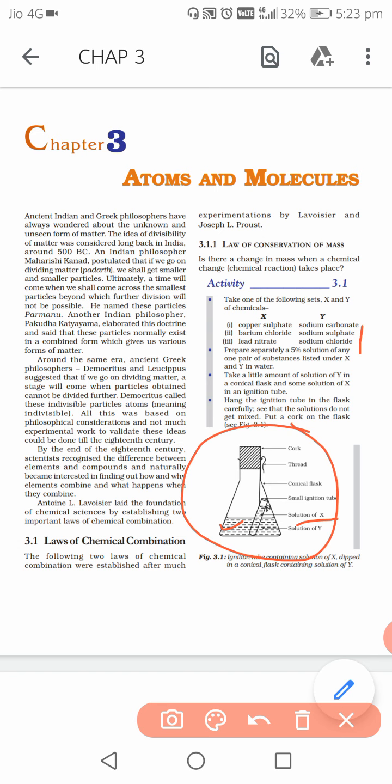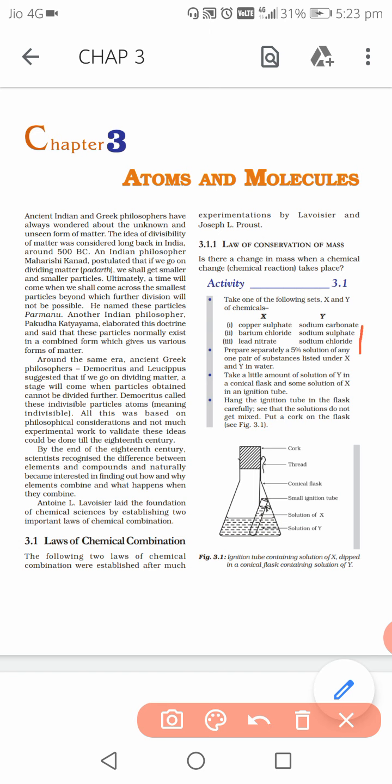We can see from this figure that solution X and solution Y are separated, not mixed up, because one is inside the ignition tube and the other is inside the conical flask. Since they are not mixed up, no chemical reaction has taken place.